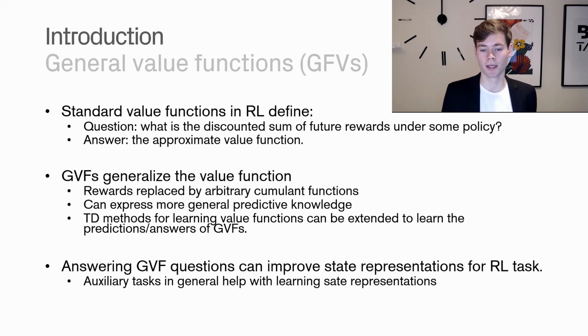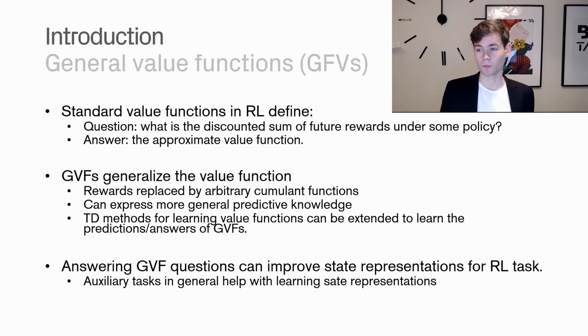This is more expressive, so you can express more general predictive knowledge. A good thing about the framework is that a lot of the methods, like TD methods for training your algorithms, also extend to the GVF framework. So it's an extension of the concept that doesn't really hinder us in terms of what algorithms we can apply. That's a very good thing.